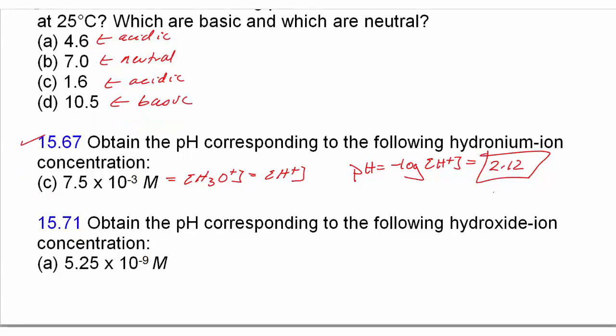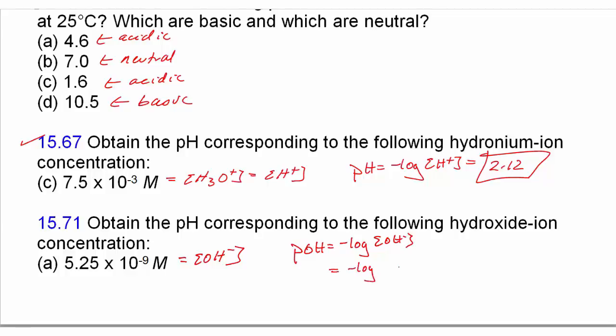Obtain the pH corresponding to the following hydroxide concentration. Okay, so this is the concentration of hydroxide. So I say let's find the pOH and subtract that from 14. So pOH is the negative log of hydroxide.